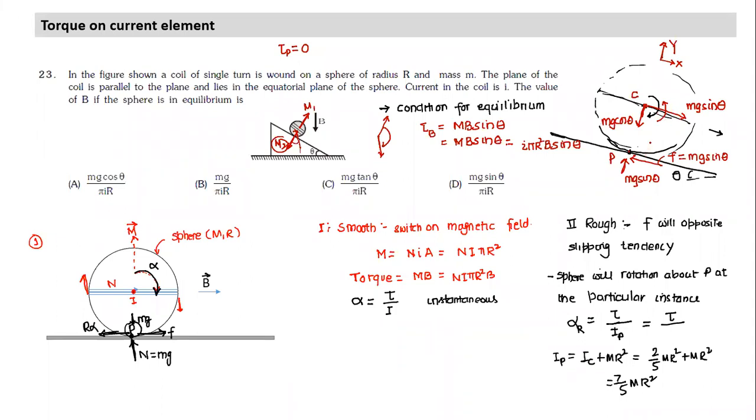Its perpendicular distance is r. So the torque due to the gravitational force, mg sine theta into r, has to be equal to the torque created by the magnetic dipole, which is I pi r square B sine theta.